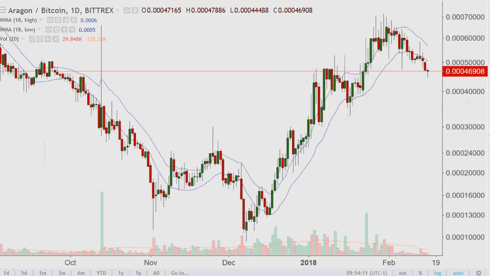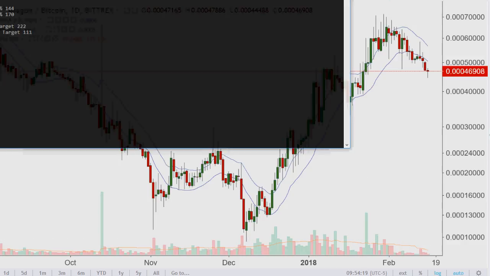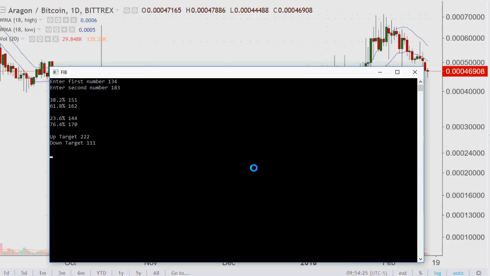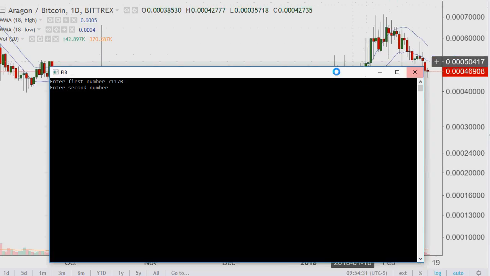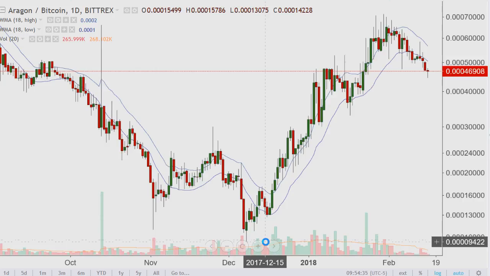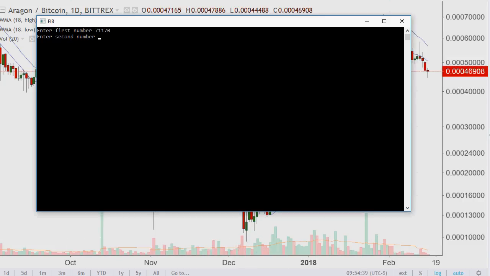ANT, which is Aragon. When I see a pattern like this, one of the things I look at, okay, we got this low, we got this high. What is the key Fibonacci levels? And I'll bring up my calculator and determine it. So we got a high of 71,170. It doesn't matter when I write this if I put the lowest in or highest number first. Computer automatically could figure that part out. And then 94.22 on the lower end.